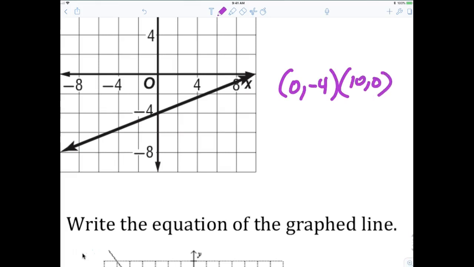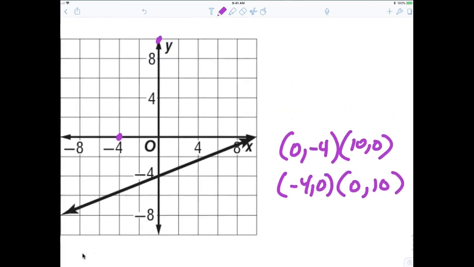So now when you do the inverse, it would be what? -4, 0, and 0, 10. So let's make sure you do that. -4, 0, and 0, 10. And then graph the line. See how simple that is? Do you have any issues?